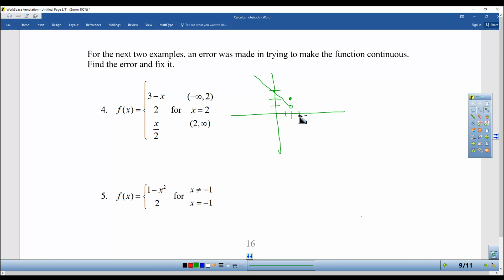And it goes up 1 over 2, so it's a little more shallow than the other side. So what was the mistake? The mistake was that when somebody tried to plug the hole, they put it at 2. This should be a 1. That was the mistake. So if you didn't get that first one, then you can try the second one.